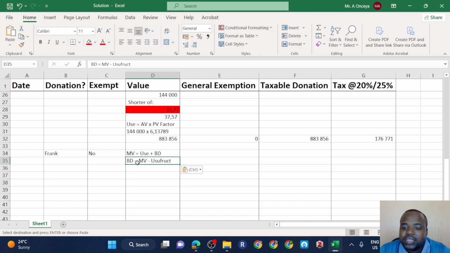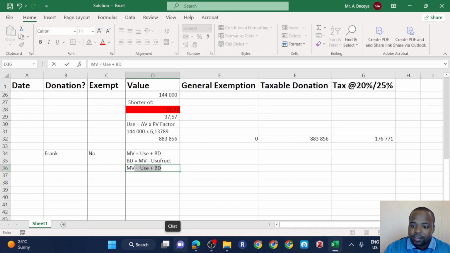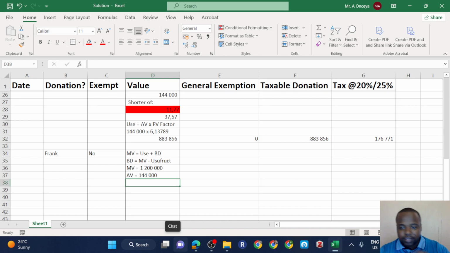So the value of ownership is essentially the market value minus the value of using the said thing. Our market value is still the same, 1.2 million rands, because it's 2.4 million multiplied by 50%. And our annual value is also the same, 144,000 rands.